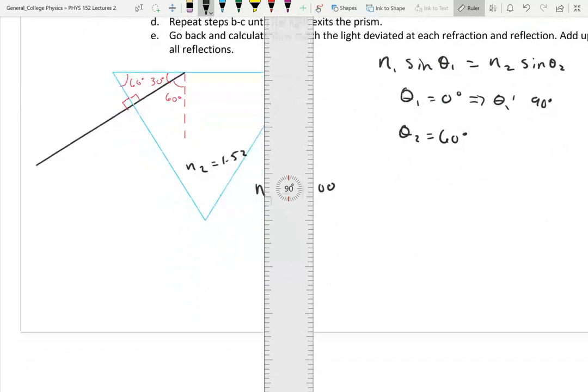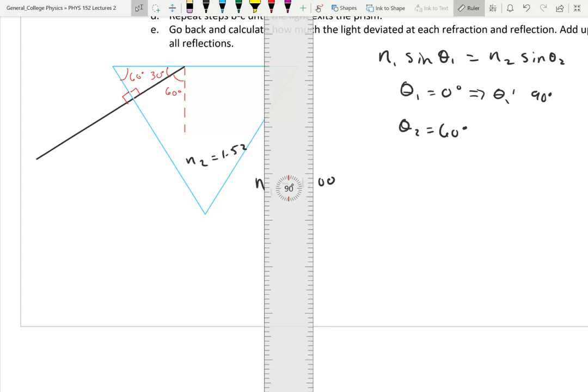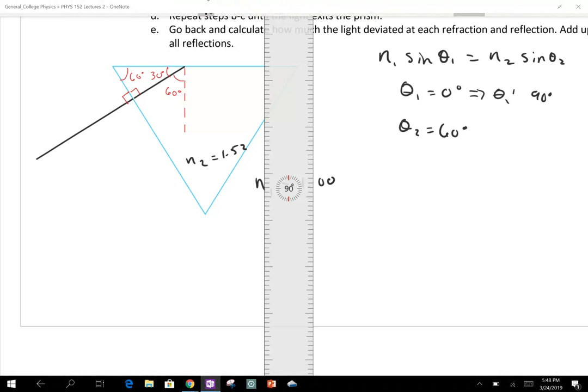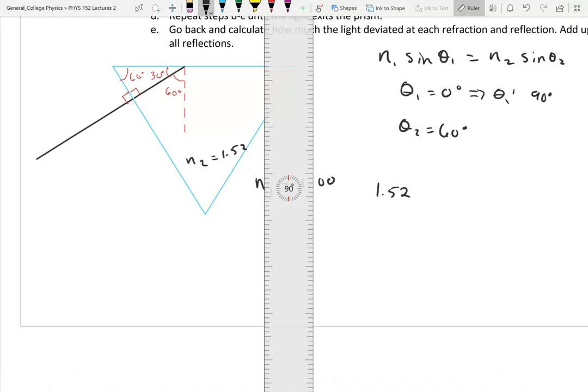So if that angle is equal to 60 degrees, let's go ahead and do Snell's law here. Now, in this case, we're going from 1.52, that's the index of refraction in the prism, sine of 60 degrees is equal to 1.00, that's the index of refraction outside, times sine of theta 2 prime.